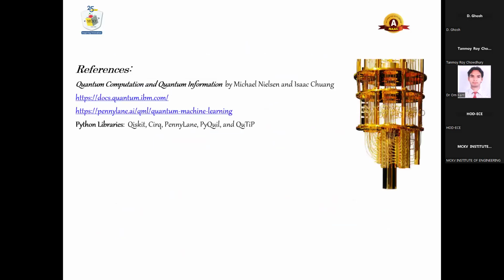So here are some references. There is a very good book on quantum computation and information by Michael Nielsen and Isaac Chuang. You can go to the IBM Quantum website and learn from there. It is very well documented. And PennyLane, again, you can go and learn from there. These are some of the libraries that you can work with in Jupyter Notebook or in PyCharm or whatever IDE you have.